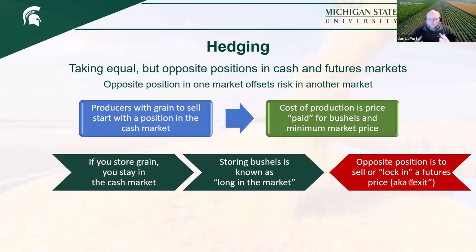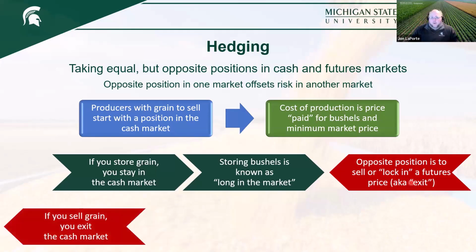It gets a little bit terminology heavy, because if you're selling a futures contract, you're technically still in the market since your position is to sell a contract. But it's the idea that you're trying to stay in one market because you still have the bushels. You're theoretically saying in the futures market, I'm getting rid of the bushels I theoretically have in the futures market.